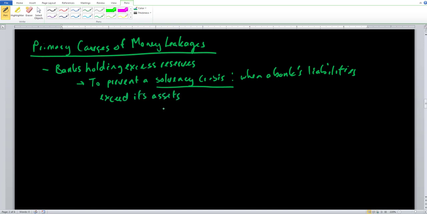So here, whenever the left-hand side is less than the right-hand side, when the liabilities are greater than the assets, this is the situation where a bank essentially finds itself bankrupt. And this is a scenario that a bank would like to avoid.